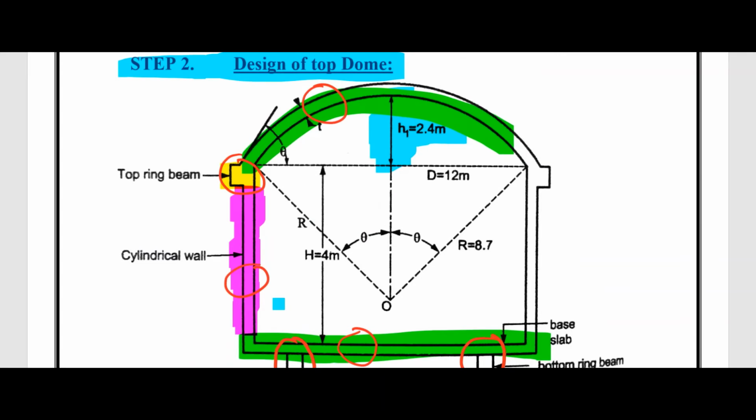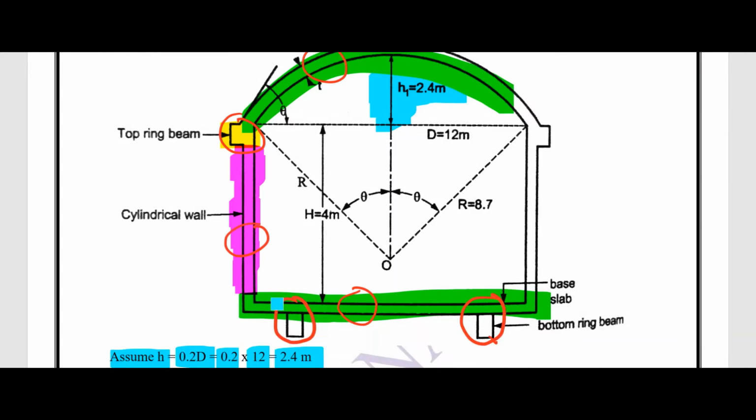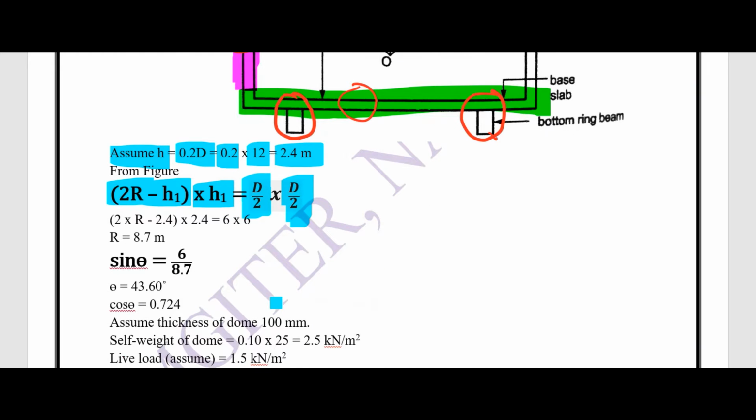In structural analysis, you learn how to derive this equation. So now in this equation we put the values of h1 as well as h and diameter. The h1 value is 2.4, but the diameter value is 12.